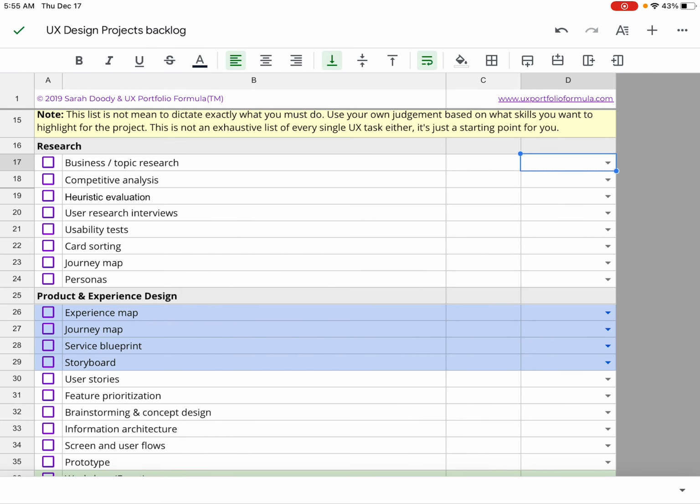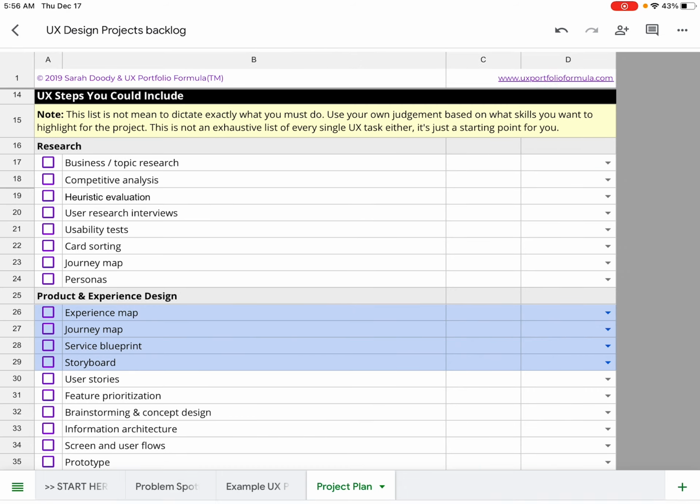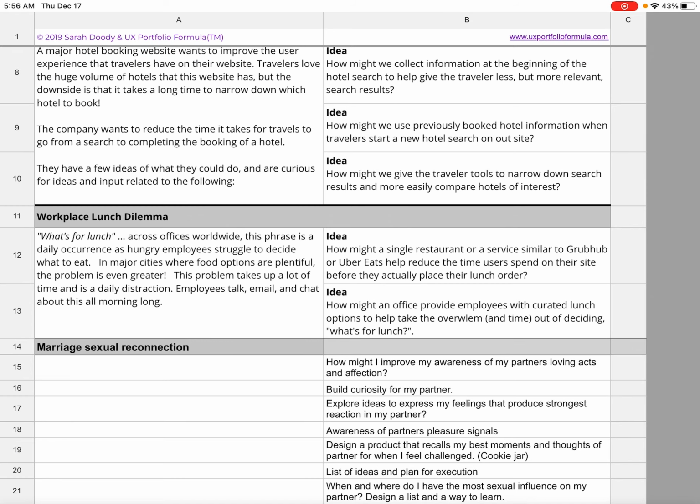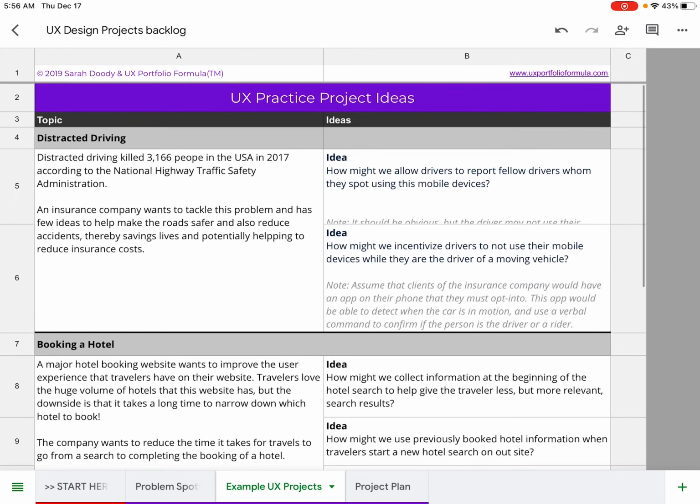Now you can track your progress on it. Let's say, for instance, we take our married guy, our 13-year married guy who wants to develop, what do we say? He wants to improve his awareness of his partner's affection and loving acts.